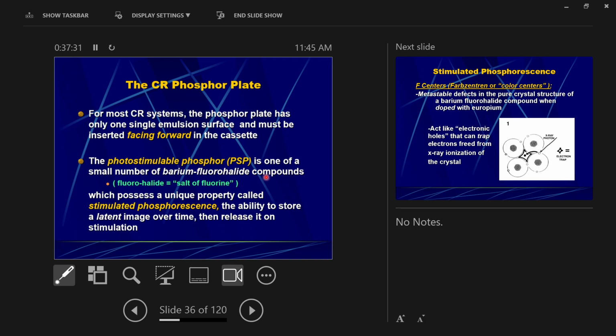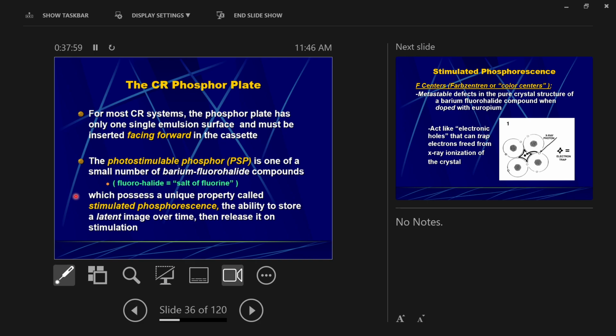That's the phosphor material. This material is special because when it's exposed to X-rays, it can capture and store the X-ray energy. Okay? So this is inside the cassette, you make an exposure, it captures and stores the X-ray energy. Okay?